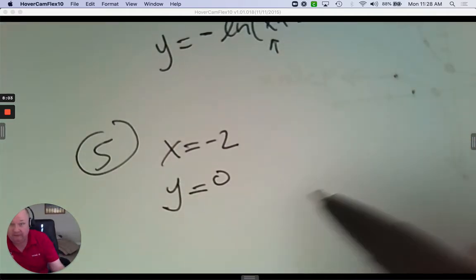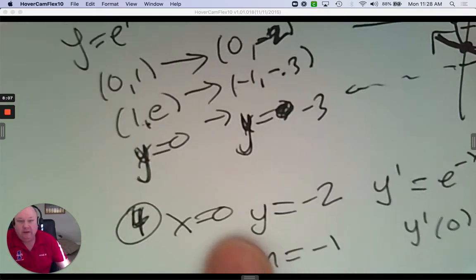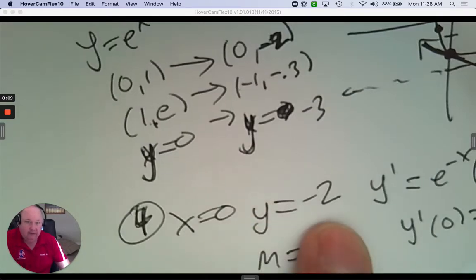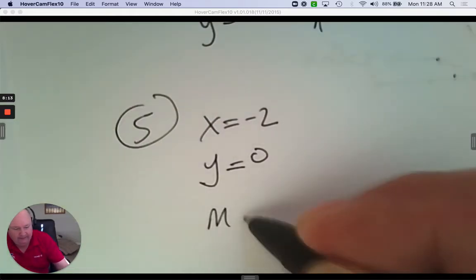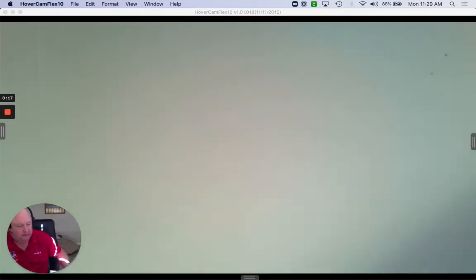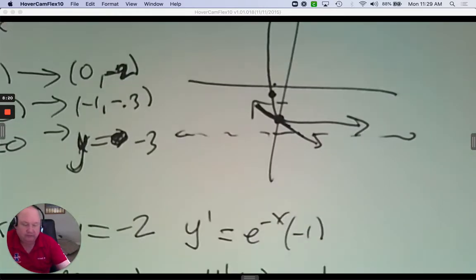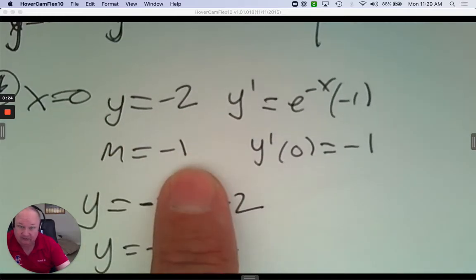So we're taking what we did here and we're inversing it. So it's not 0, negative 2, but it's now negative 2, 0. And then the relationship is the reciprocal of what we just did. So we just found the slope to be negative 1 here. So the reciprocal of that is actually still negative 1.